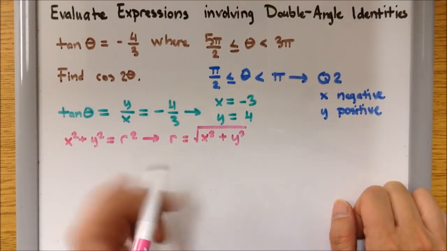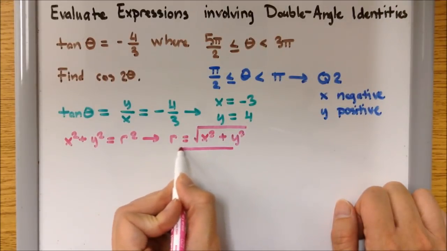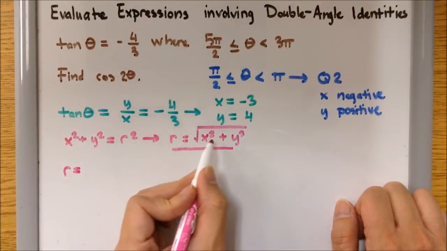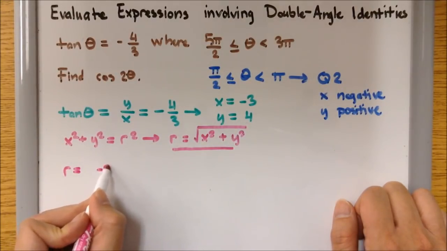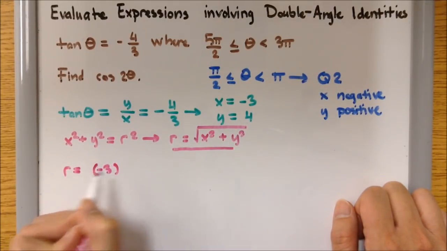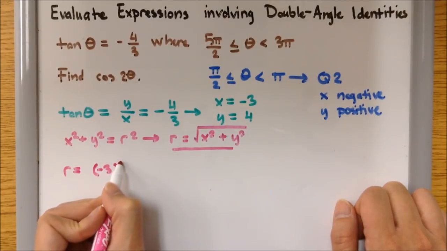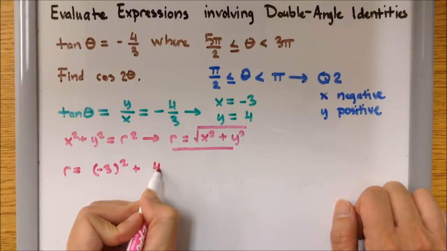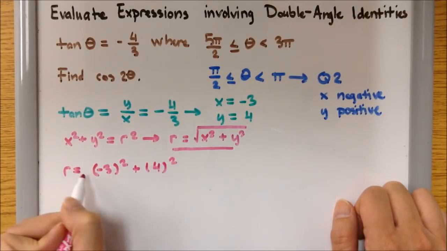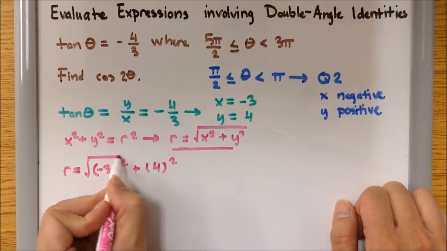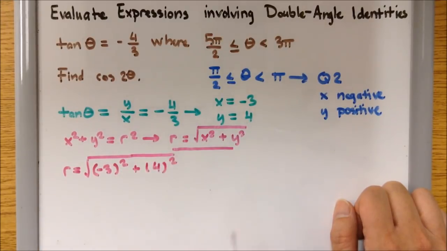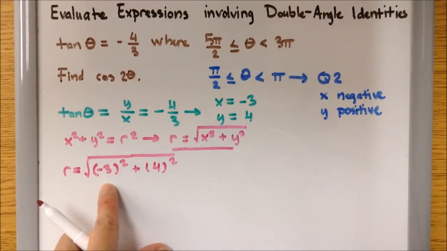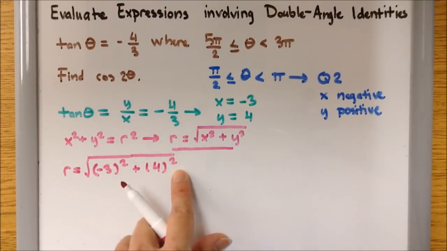Alright, so I'm going to use this one. So r is equal to the square root of x squared, so negative 3, and again, as I mentioned many times, when you plug in, you always include parentheses, plus my y squared, 4. So r is equal to the square root of negative 3 squared plus 4 squared.